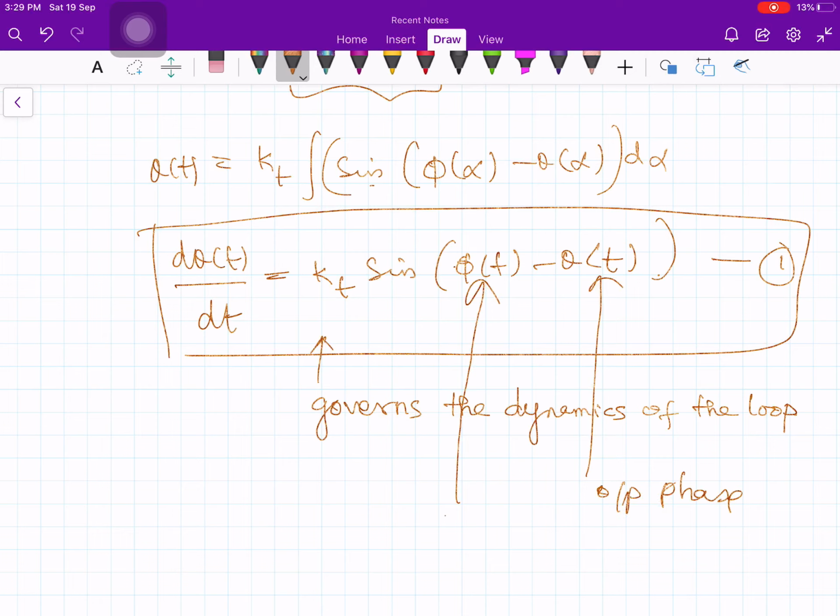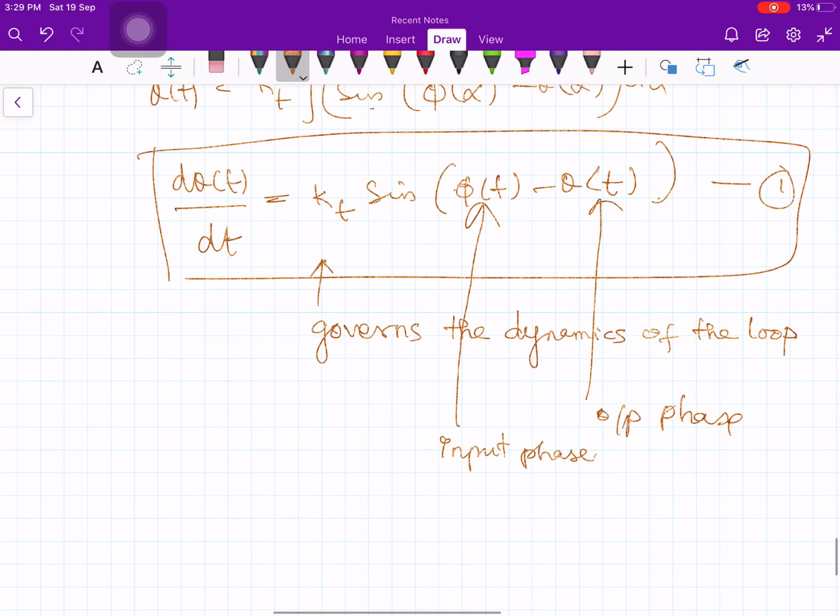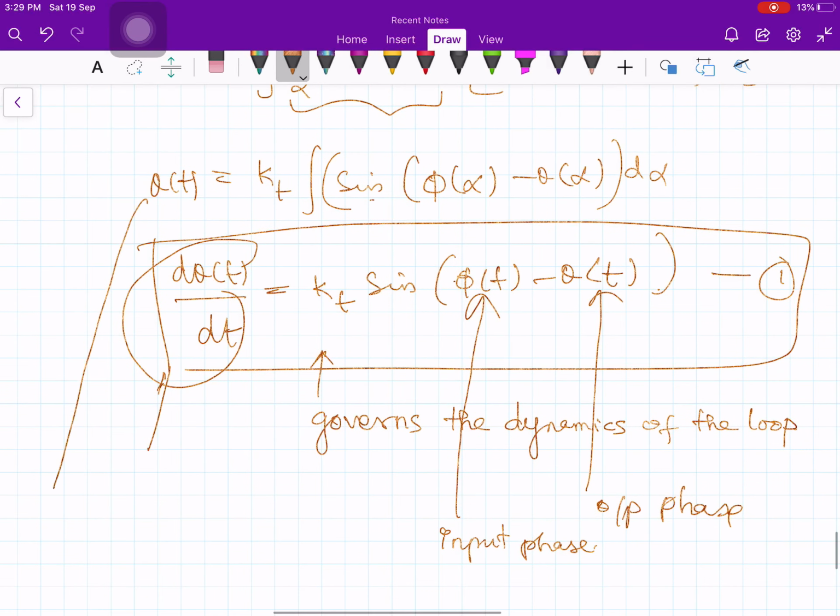This one is the input phase. So the output phase at any time instant, as a function of the input phase, is governed by this non-linear differential equation. This is my output phase, and that output phase is governed by the non-linear differential equation.